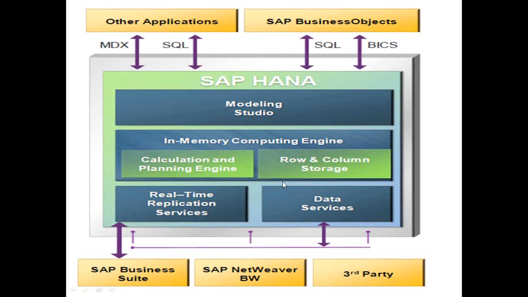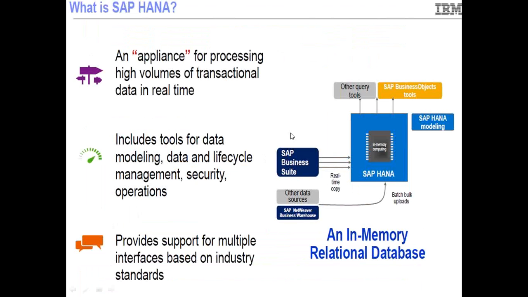The same picture can be shown in another way like this. If you see here, SAP Business Suite or other data sources or any other source system. Through these systems, I would be replicating the data to the SAP HANA database, which is an in-memory computing database.